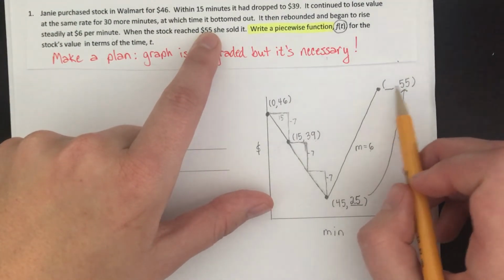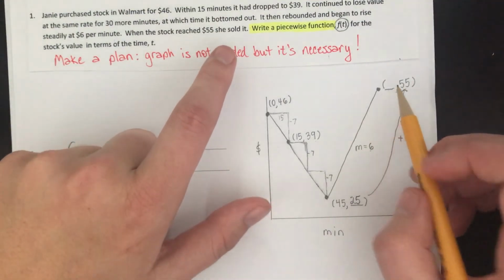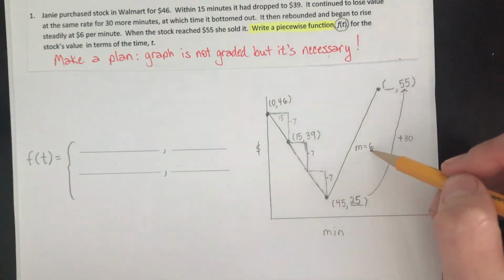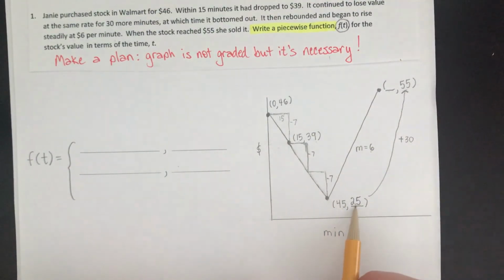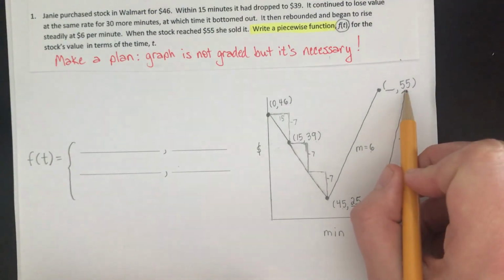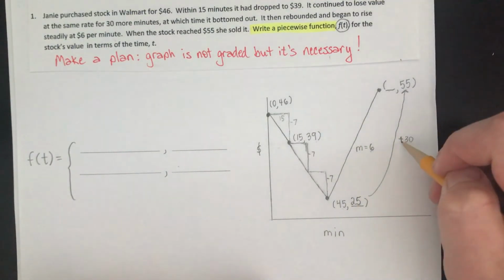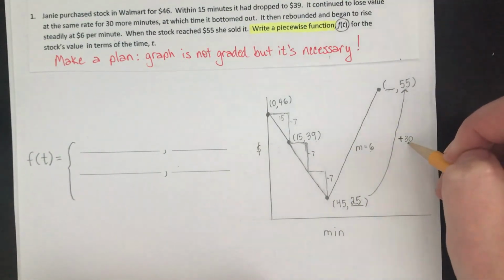We can find the time by thinking about what happened here. From this point here at 45 minutes and $25 to this point here where we gained to 55, we added $30 in value.